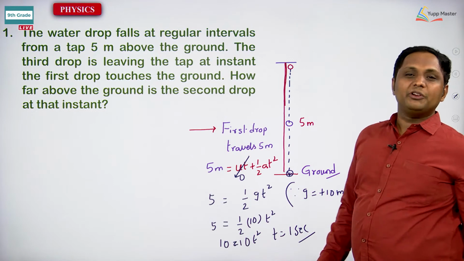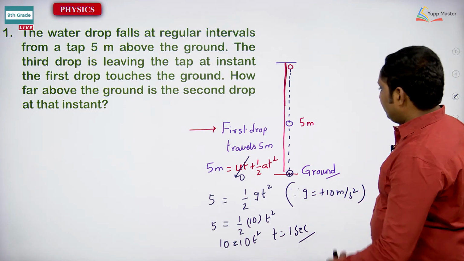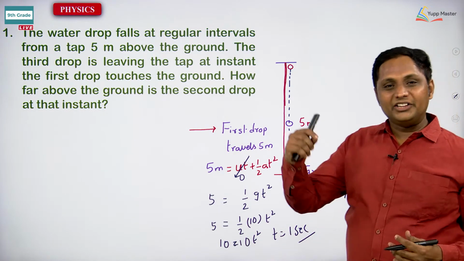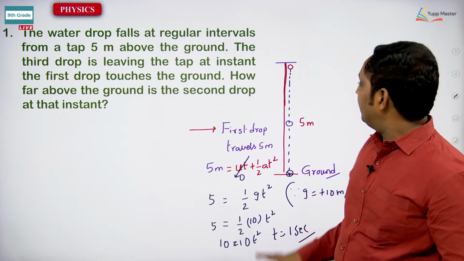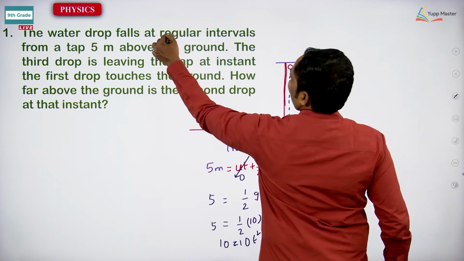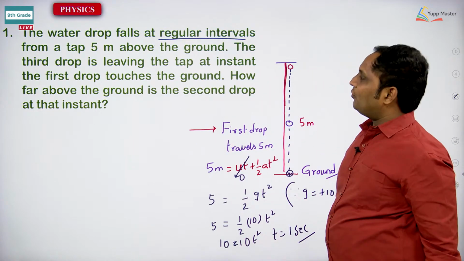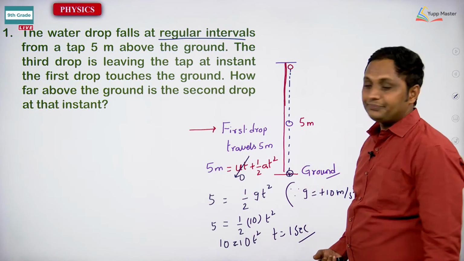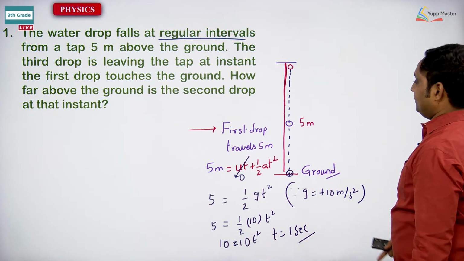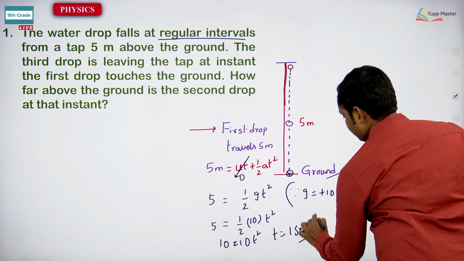So, what have we obtained from this? The time taken by the first drop to reach the ground has been calculated. From the given condition, water drops fall at regular intervals of time. For the first drop it is 1 second.